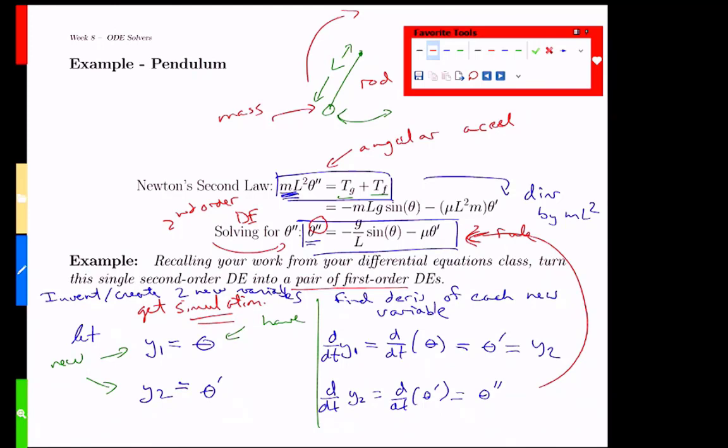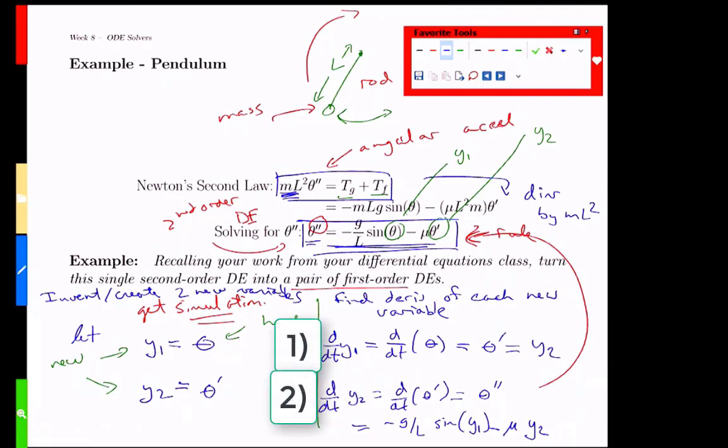Now we've got theta double prime, but theta double prime is equal to all this stuff here. And if you'll note, we have a theta in there, that's y1. We have a theta prime in there, that's y2. So we can write all of this, negative g over L, sine of not theta this time, but y1, and times some friction coefficient times the velocity, which is just y2.